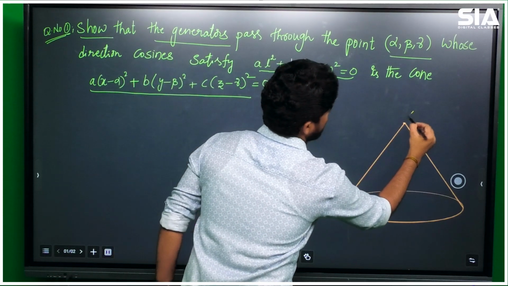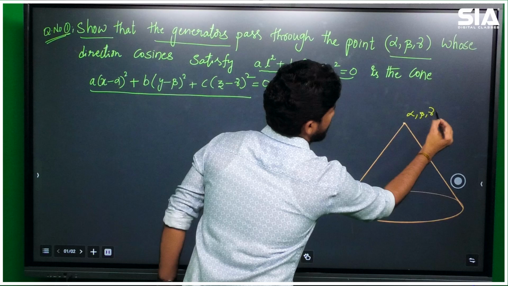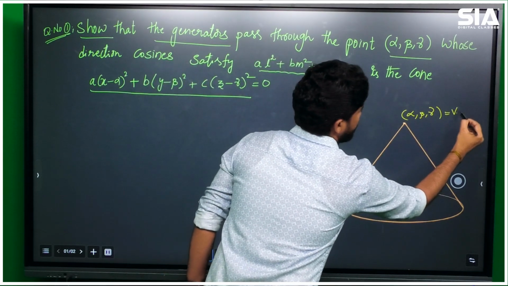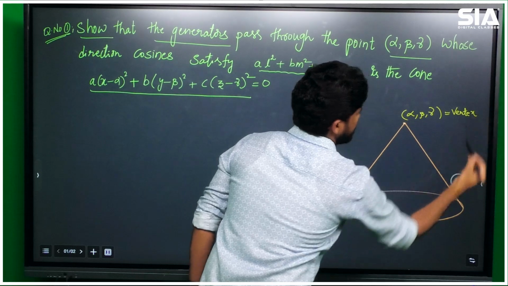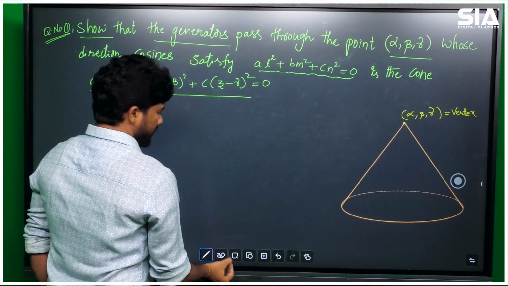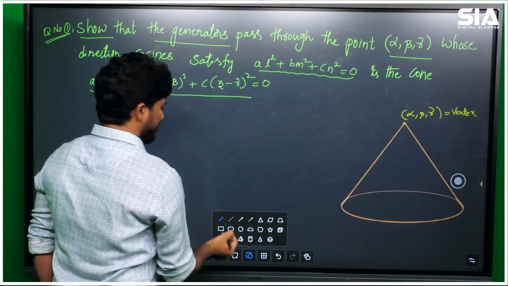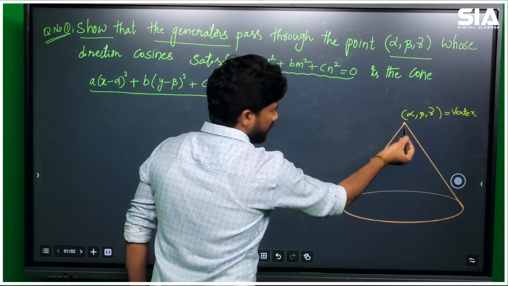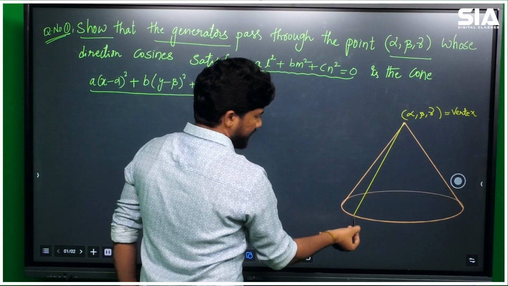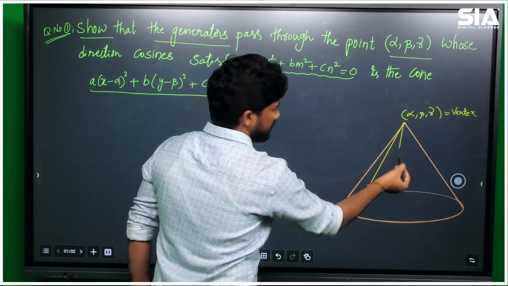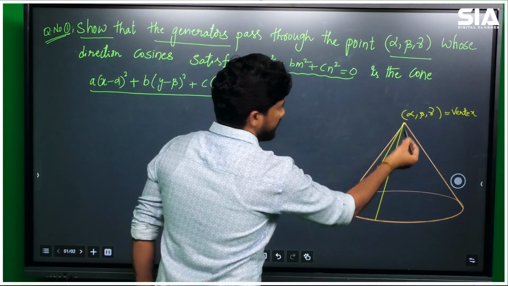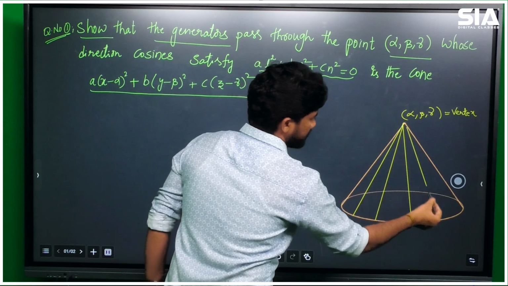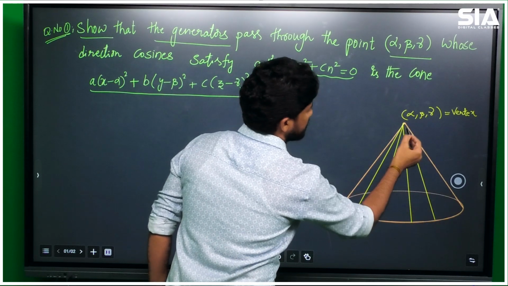For any cone, a generator is nothing but any line which is passing through the vertex of the cone. So now I am taking generators of a cone. These are the different generators passing through the vertex of the cone, like this.